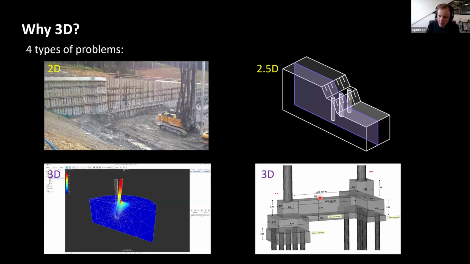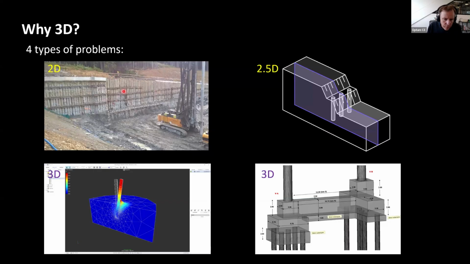I think it is going to be mostly used that the 2D functionality is still what most people are going to use most of the time, but in certain cases, it is justified to go into 3D. So I've identified, you could say, four types of problems.